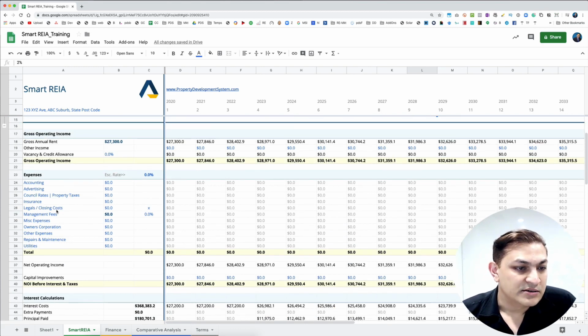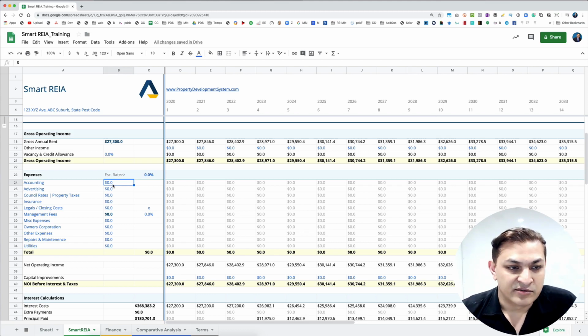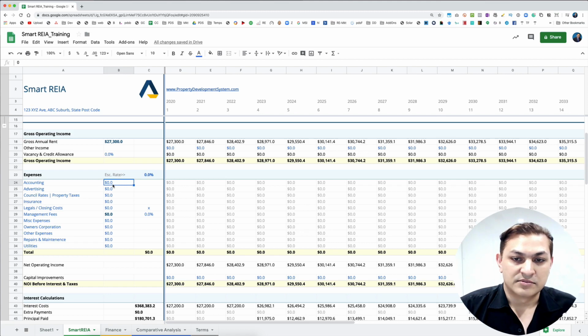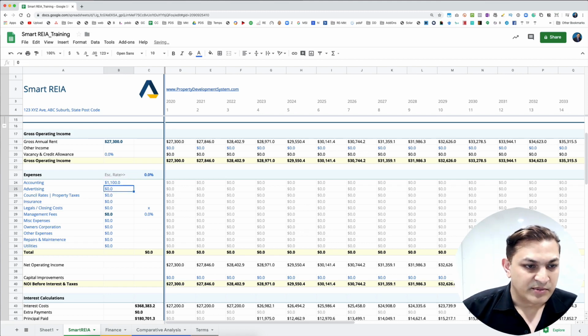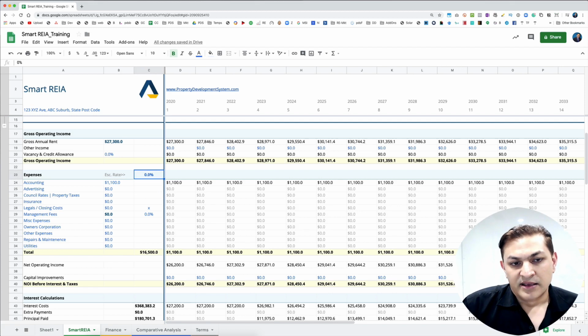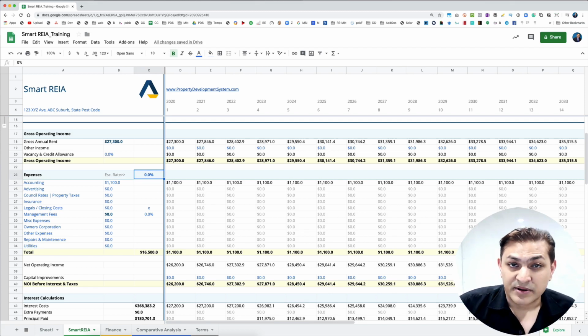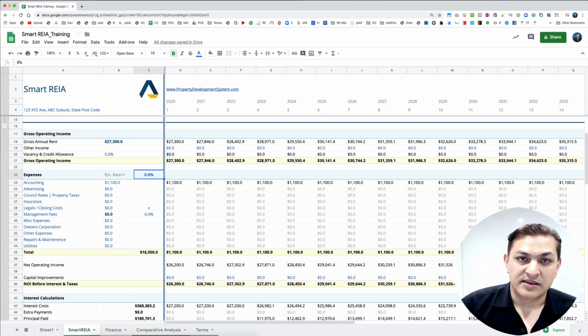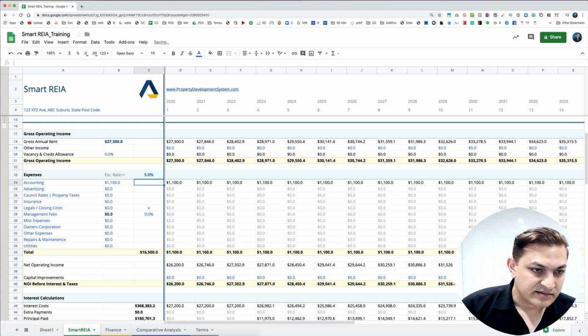Now, if you want, you can put in all the costs for accounting. So let's say you have an accountant, and every year you've got to go to an accountant. They do your tax returns, so they charge you $1,100 for it, for example. So you put that $1,100 over there, and you have an escalation rate where you know that this year my accountant's charging me $1,100, but he increases his prices every year, and this could be a 5% increase or whatever.